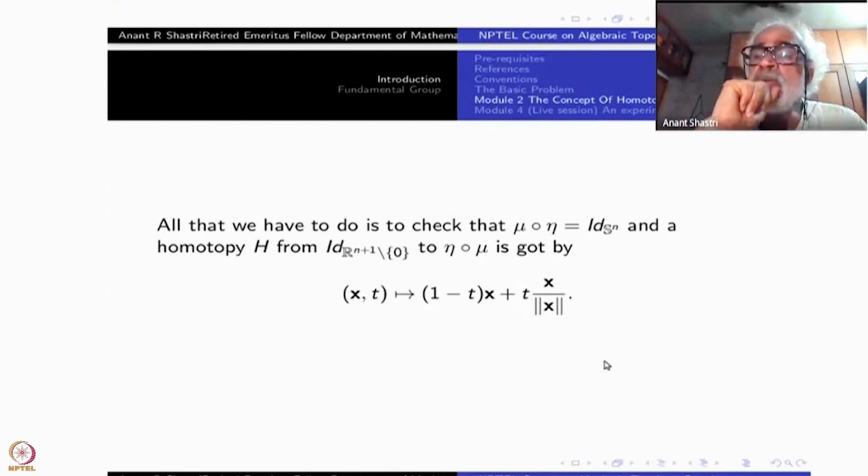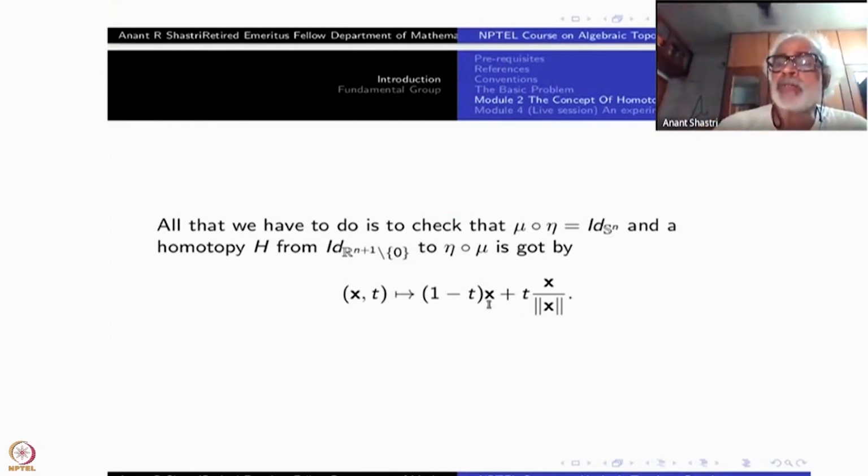Why? Can you tell me why? Because take any non-zero vector x to start with, then x by norm x is also a vector in the same direction. They are on the same open ray emanating from 0, where 0 is not there.